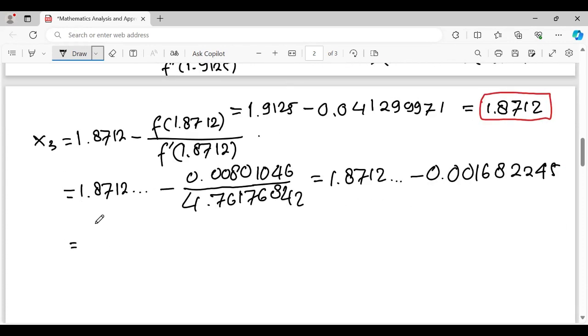If we calculate this one minus this one, it becomes 1.8695 and so on.